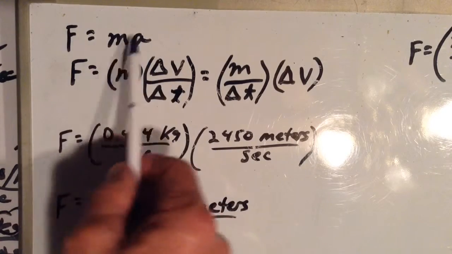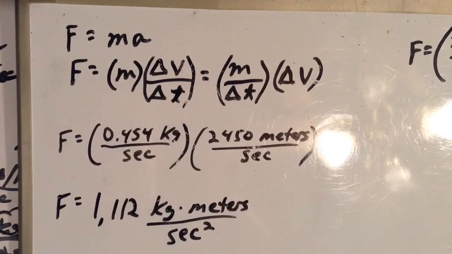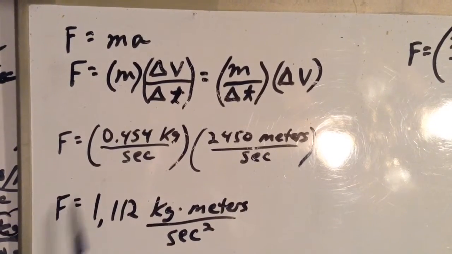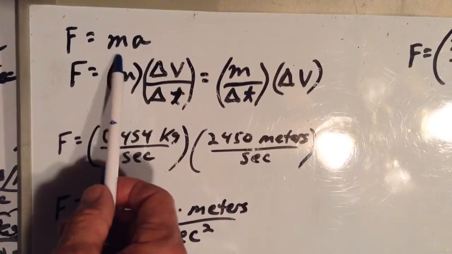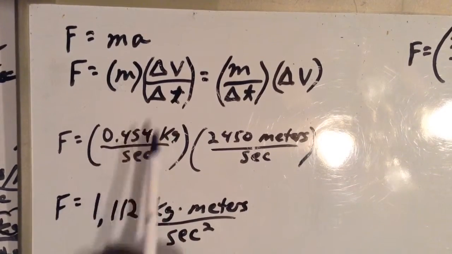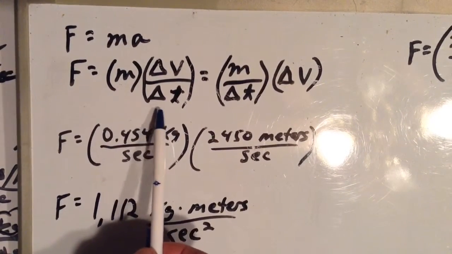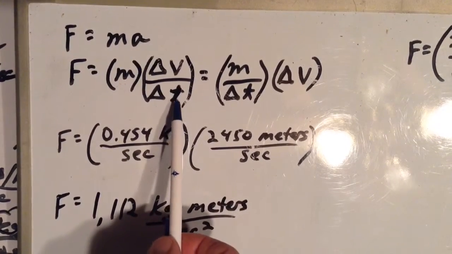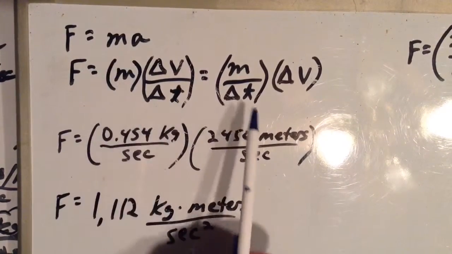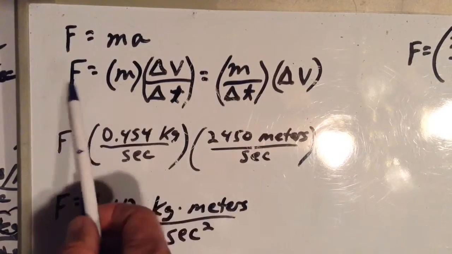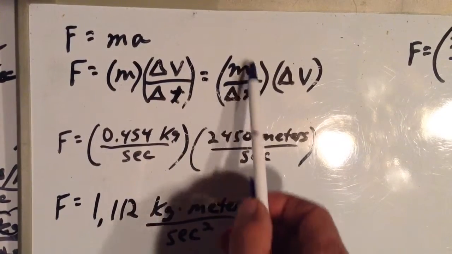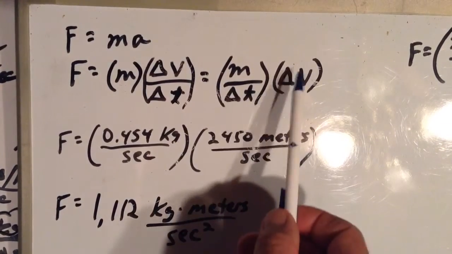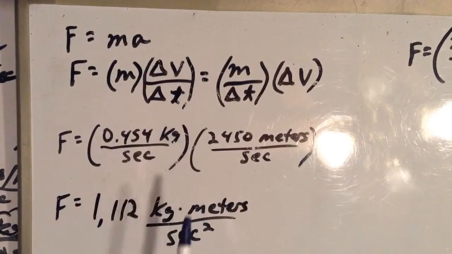These are three ways of saying the same thing. The first equation says force equals mass times acceleration. The second says force equals mass times the change of velocity divided by the change of time. The third says force equals the mass flow rate, the mass per unit time, times the change of velocity. They're all three saying the same thing.